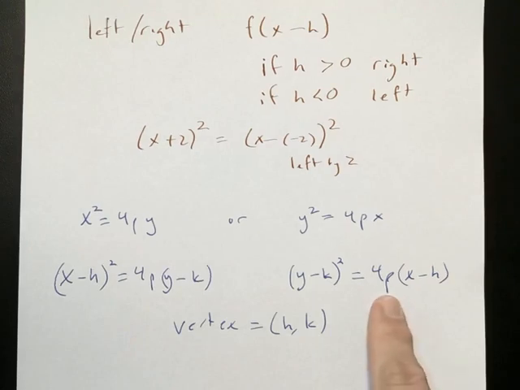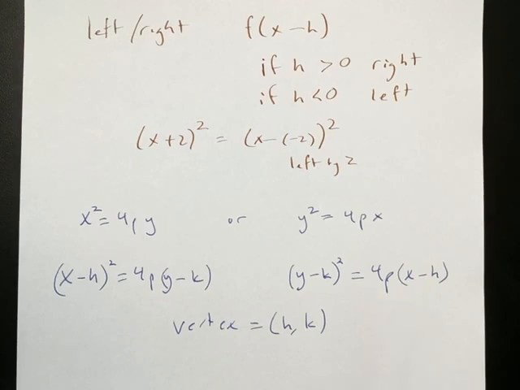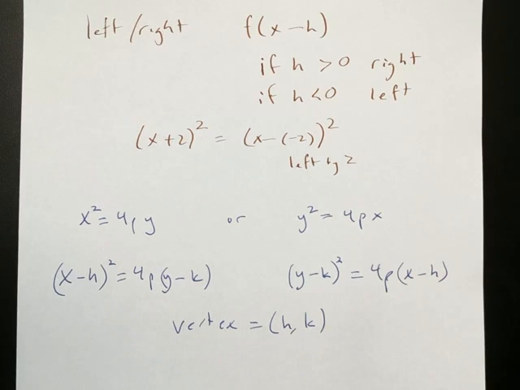I do the same thing over here. This one's going either left or right. It goes to the right when p is positive, it goes to the left when p is negative. How far? Well, from the vertex, we go over to the right or over to the left by p. So if I have the equation, I can build a picture.